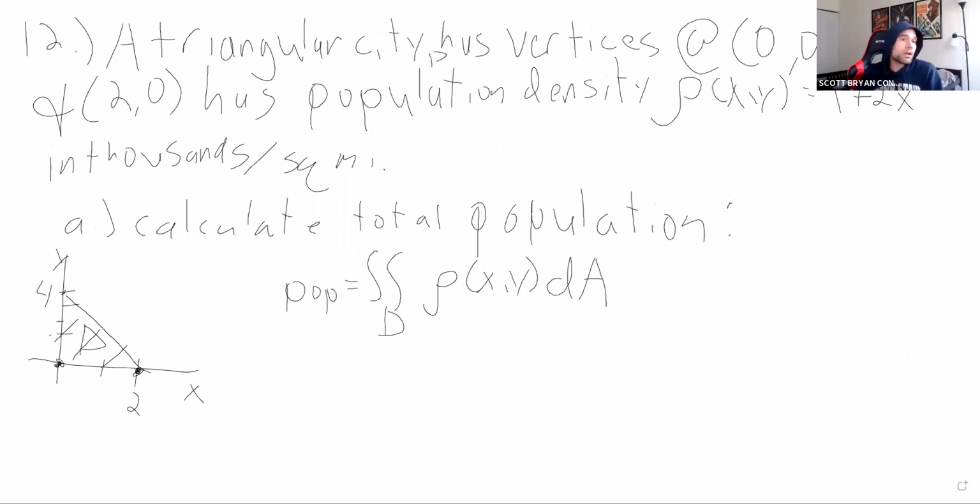Okay, so we're integrating over a triangle. What makes the most sense? We could either do polar, or we could do top and bottom curve, left and right curve. How do we want to do this?